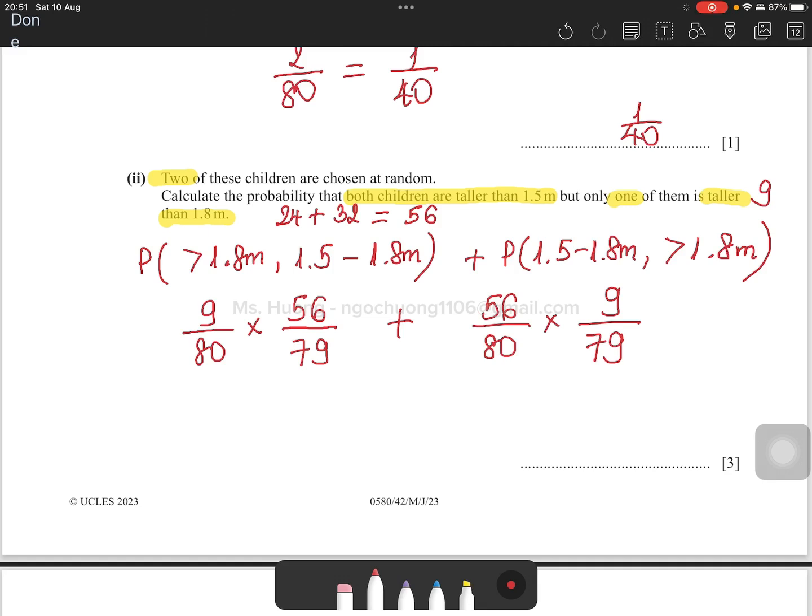So you see that these 2 expressions have the same numerator and the same denominator. So I can multiply the numerators together and the denominators together. Then the answer is 63/395.